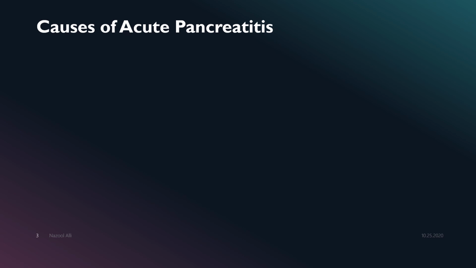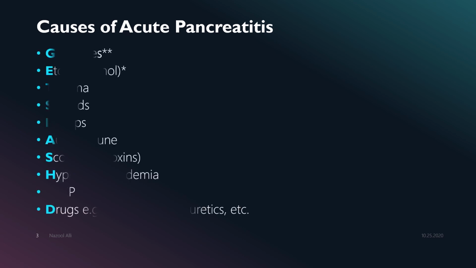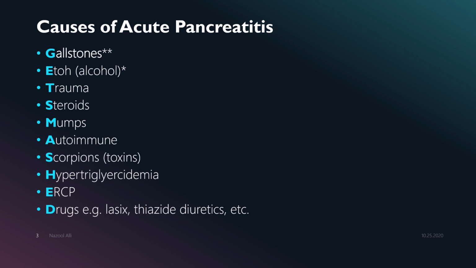So when we look at the causes, or the etiology, of acute pancreatitis, there are numerous things that can result in acute pancreatitis. And there is an acronym that we can use, it's called GET SMASHED. It gives you the list of potential etiological reasons or risk factors for pancreatitis.